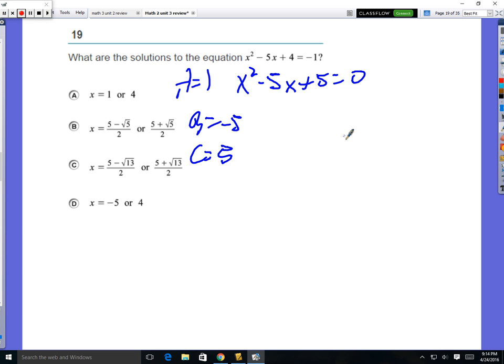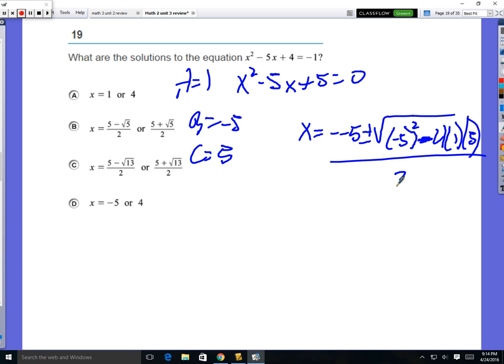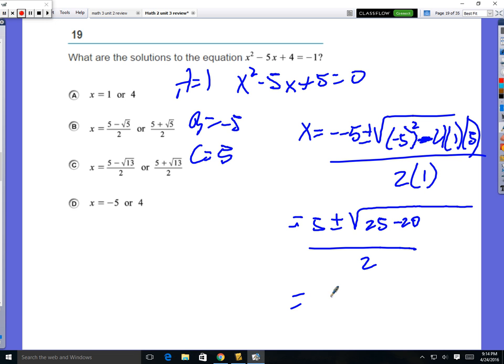So x equals negative b plus or minus the square root of, in parentheses, b squared minus 4ac, all over 2a. That will clean up to 5 plus or minus the square root of 25 minus 20, divided by 2, which cleans up to 5 plus or minus the square root of 5 over 2, and that matches up with B.